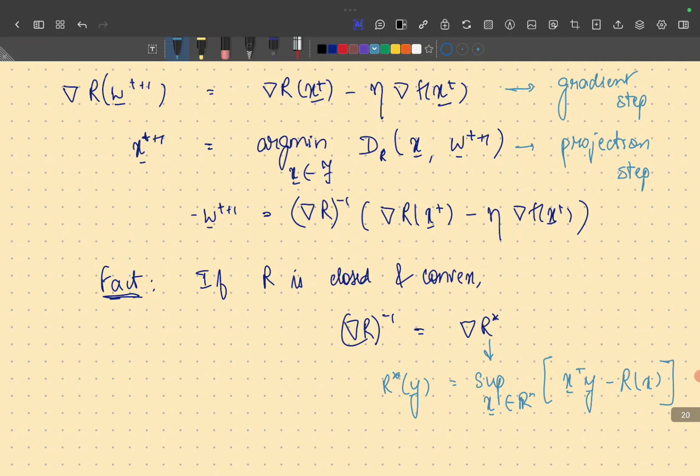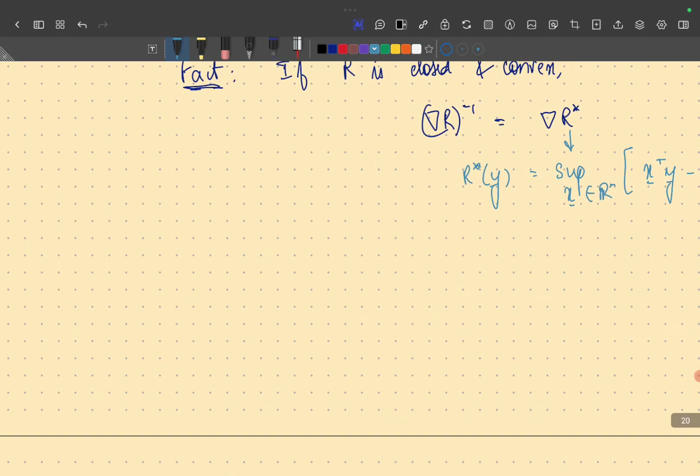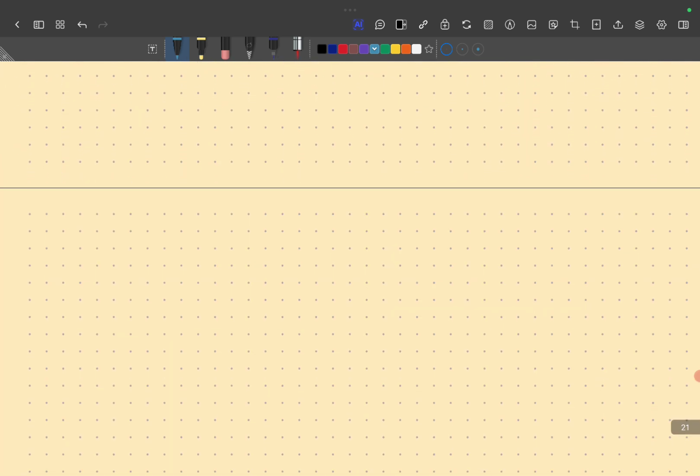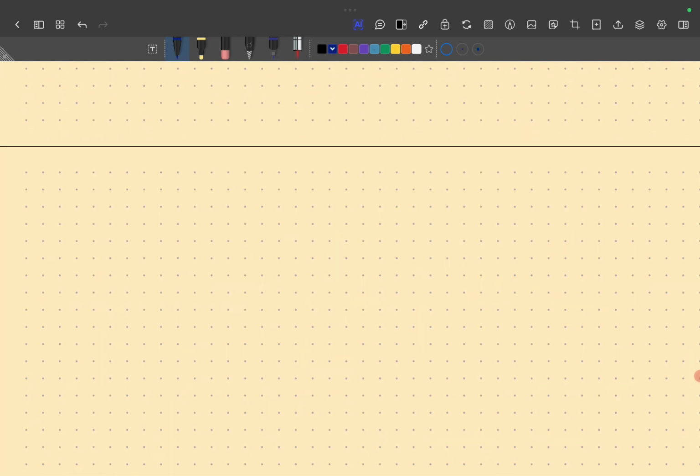So that's great. Now I have an algorithm, and this is what is called mirror descent. Basically, you start with some initial point x0 that's hopefully close to the minimum, and then you do the following.